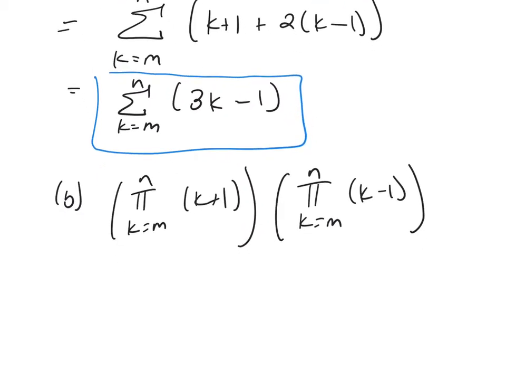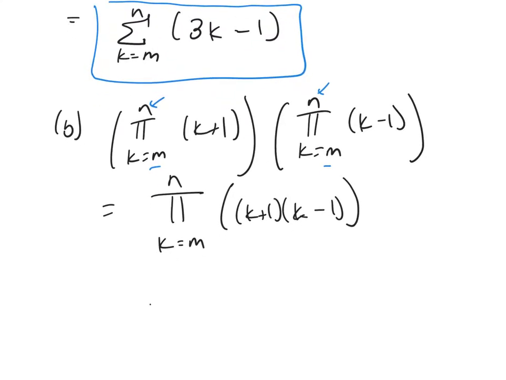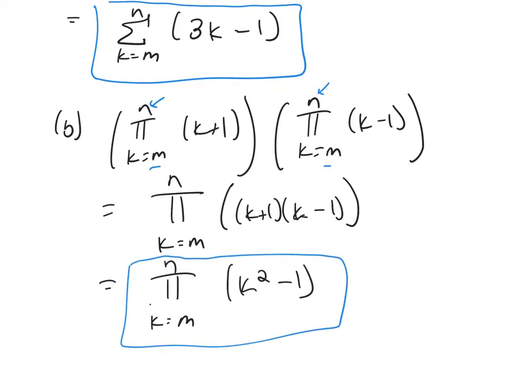Because, again, these have the same lower and upper bounds, we can combine them using that third property into a single product. And if you want to, you can multiply the insides together, just to simplify it. It would be k squared minus 1. And there's my single product.